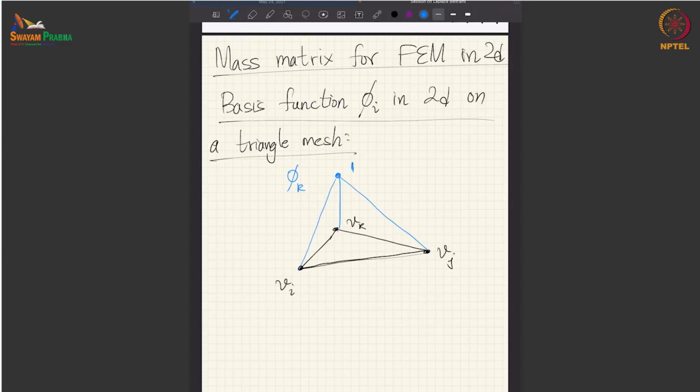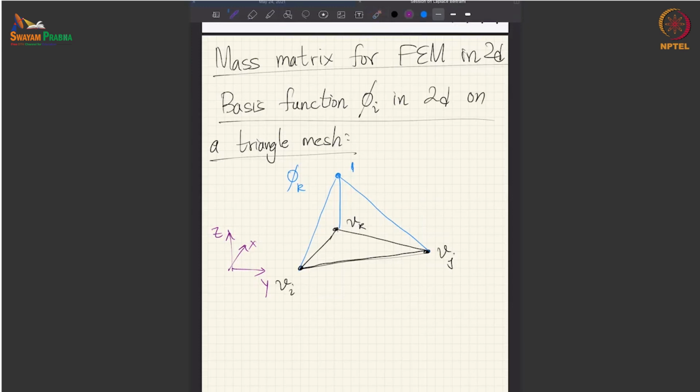One needs to imagine that this triangle is lying in some xy plane, and the blue color value is height up above this plane. So the triangle is in the xy plane, and this blue value is height above it. So this is the tent function for a vertex in a triangle.